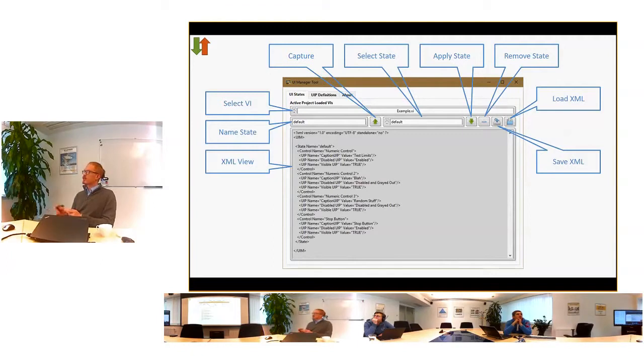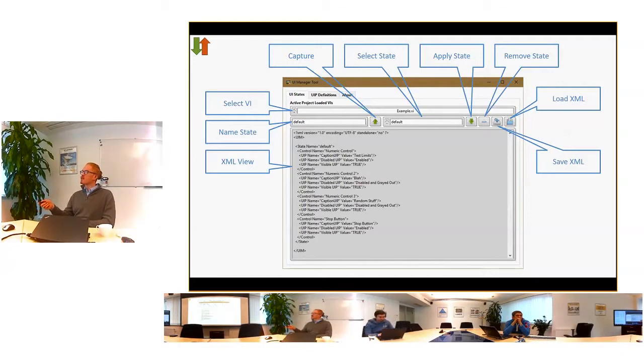And when you capture the state, then you will see here that the state that was created, the state name is default in the XML, and then you see control name. And the control name is a label, essentially, of the control. So the tool works based on labels of the controls. Right? So you look at all of the controls that you have on your user interface, you get their names, and then you work with the property plugins that you have available in the tool.